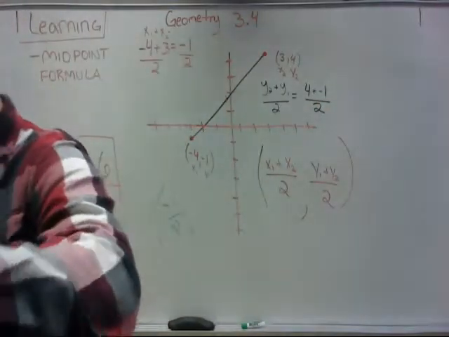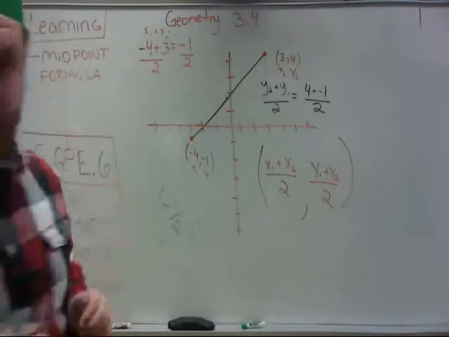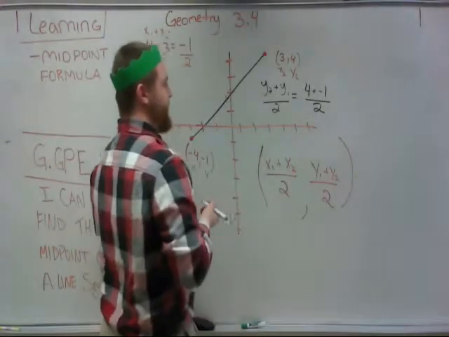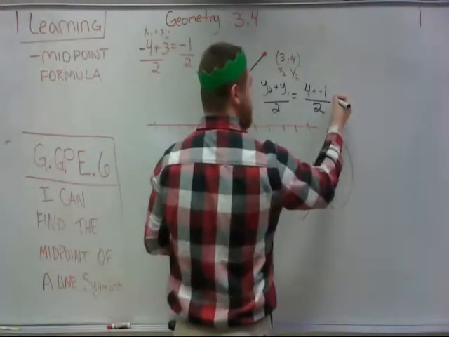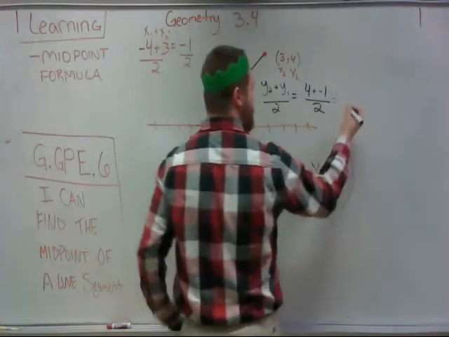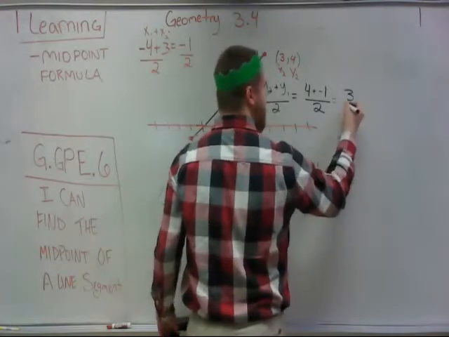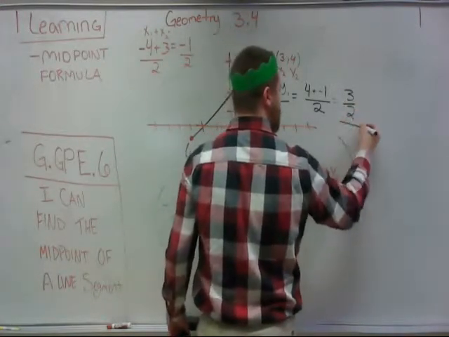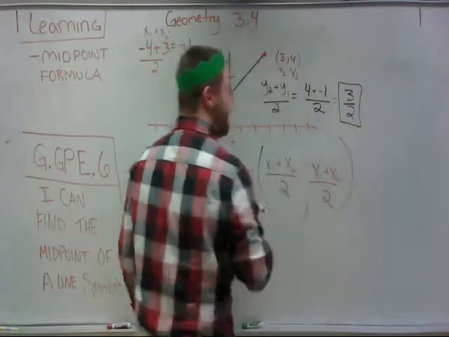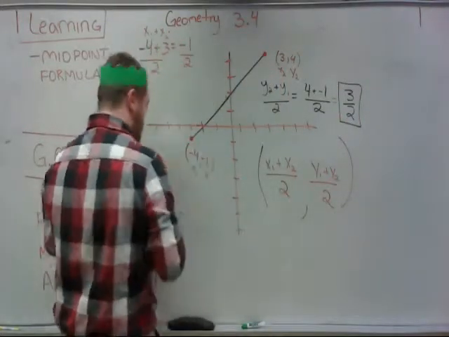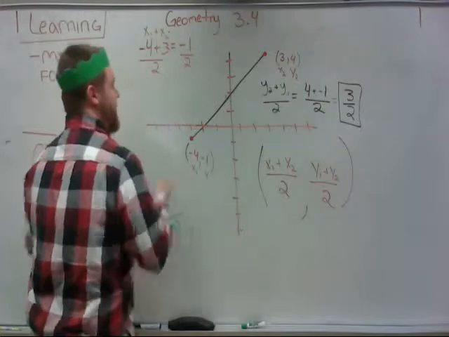Okay, fantastic. So what is 4 plus -1? 4 plus -1 is 3, and I'm dividing by 2. And over here I got -1/2.